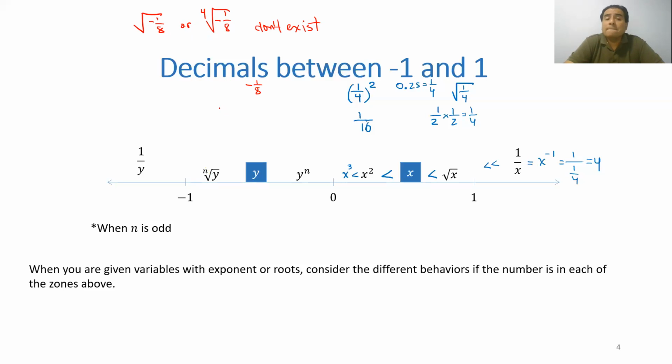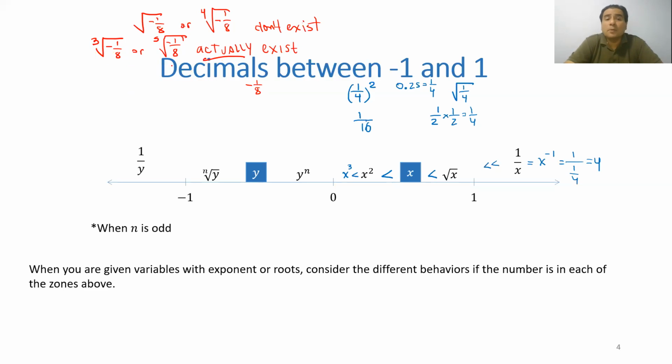Yes, but we can take roots with odd indexes, like for example this or this. So these actually exist.